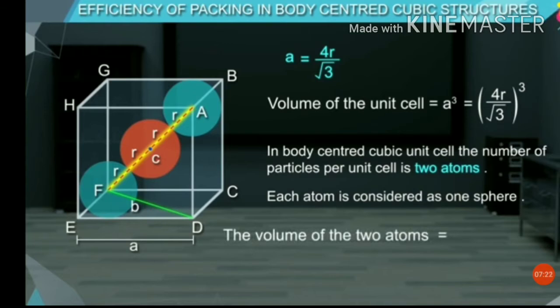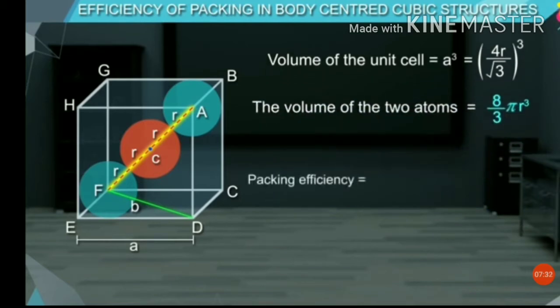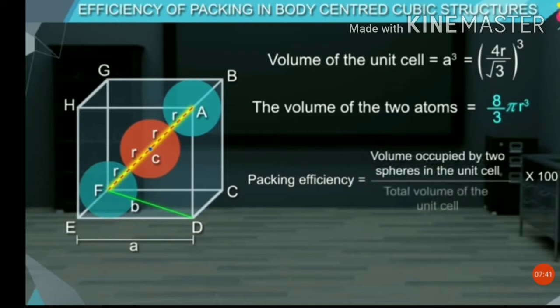The volume of 2 atoms is equal to 2 into 4 by 3 pi r cube, because the volume of one sphere is 4 by 3 pi r cube. So we can write 8 by 3 pi r cube. Therefore, packing efficiency is equal to volume occupied by 2 spheres in the unit cell into 100 divided by total volume of the unit cell.